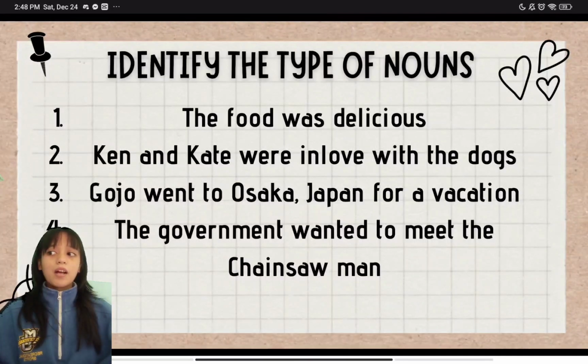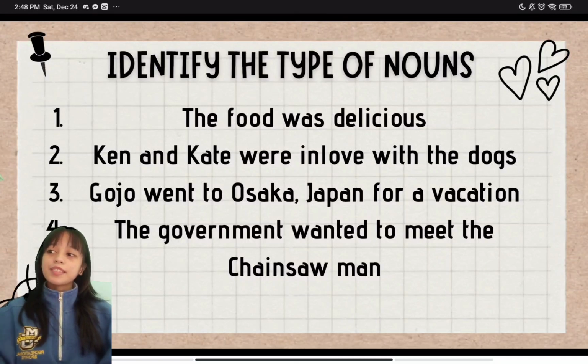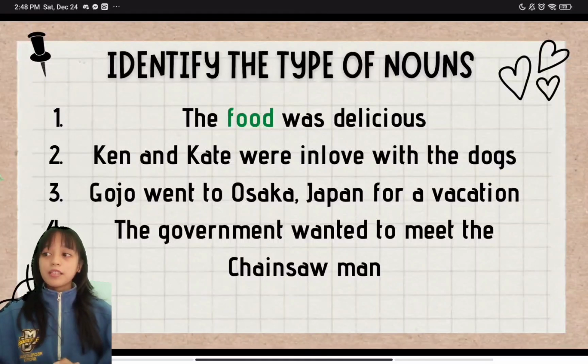What type of noun is this? What is the noun there and what type of noun? Anyone? Yes, you can chat in the Google chat, and you can raise your hand. Yes, Miss Hina. So, yes, correct. The noun there is the food.